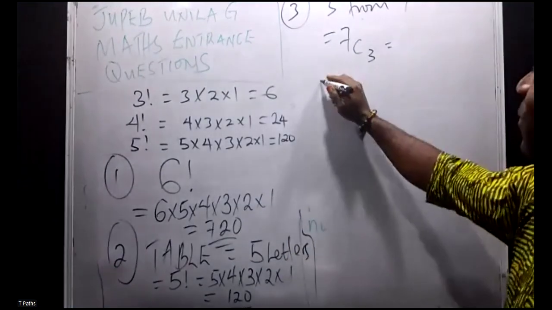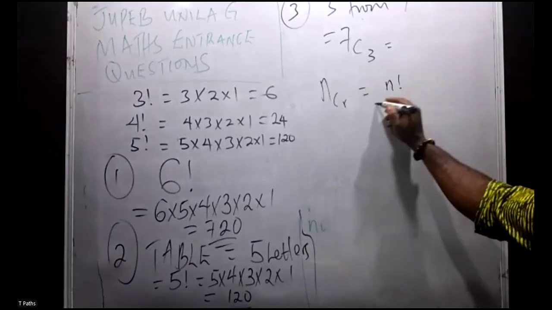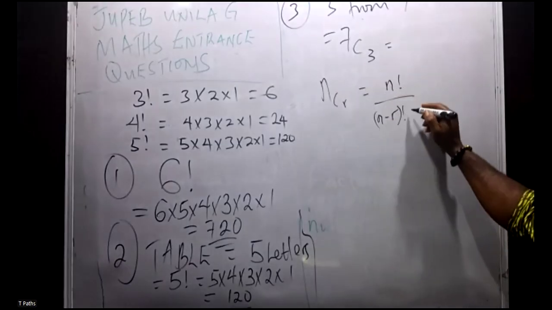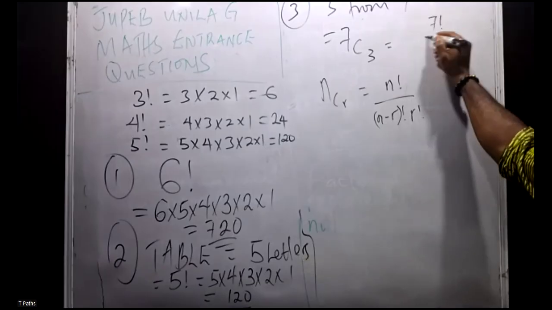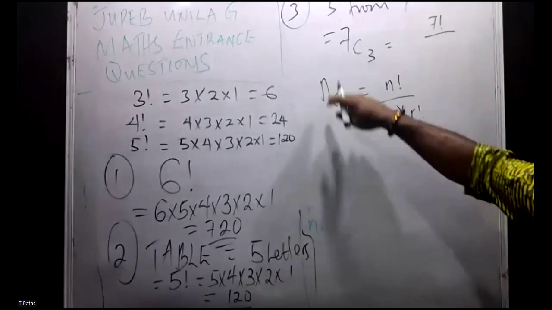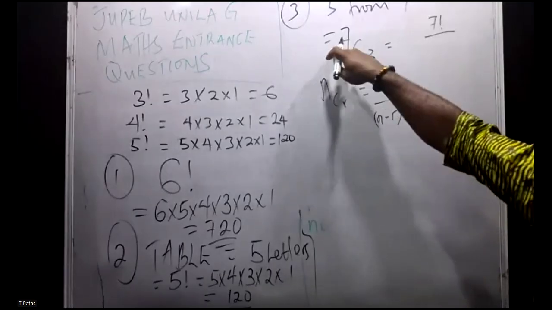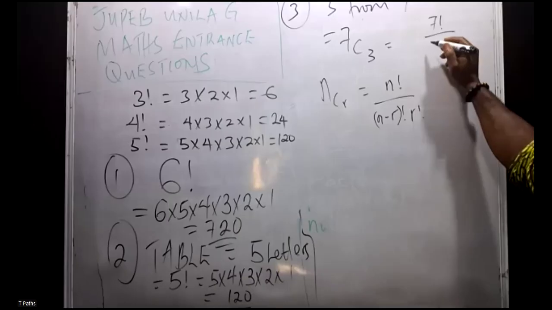So remember I gave you the formula for combination. That means 7 factorial over 7 minus 3 factorial, where n represents 7 and r represents 3, selecting 3 from 7. So 7 minus 3 is 4 factorial.